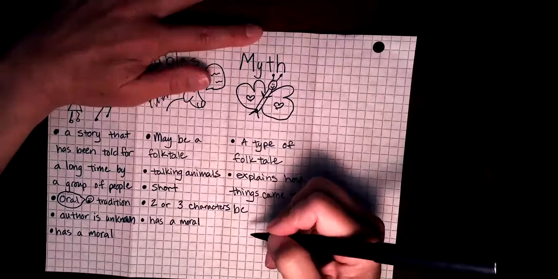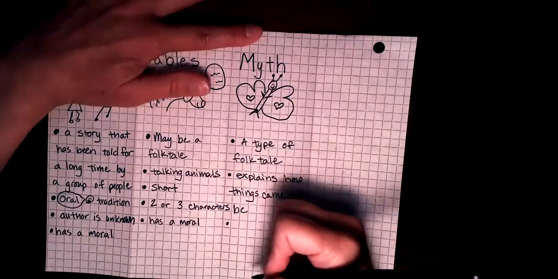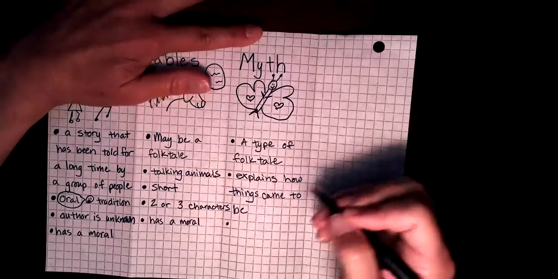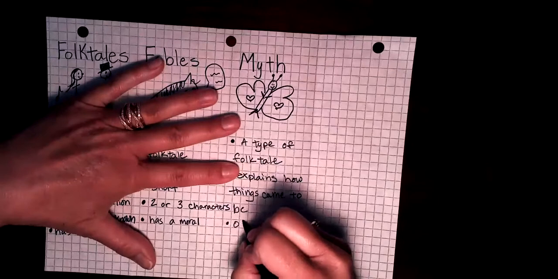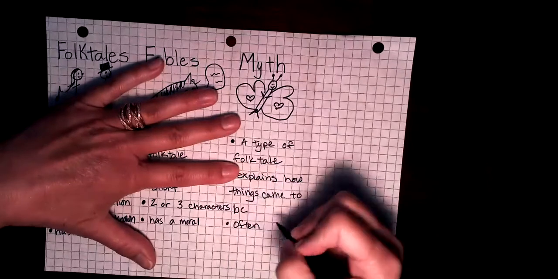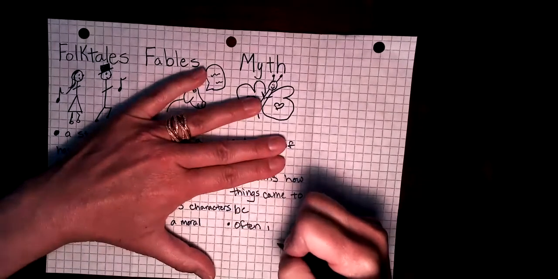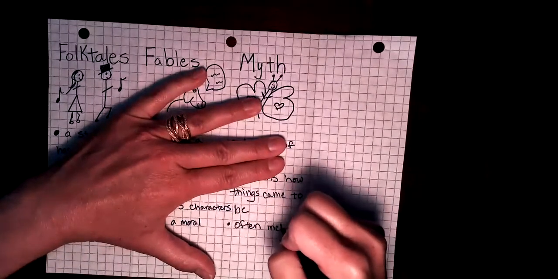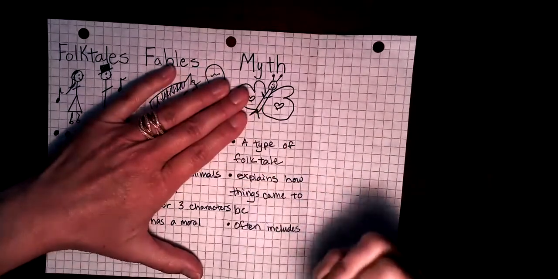It often has gods or god-like beings in it. So like Percy Jackson and the Lightning Thief is based on Greek gods. That's mythology there.